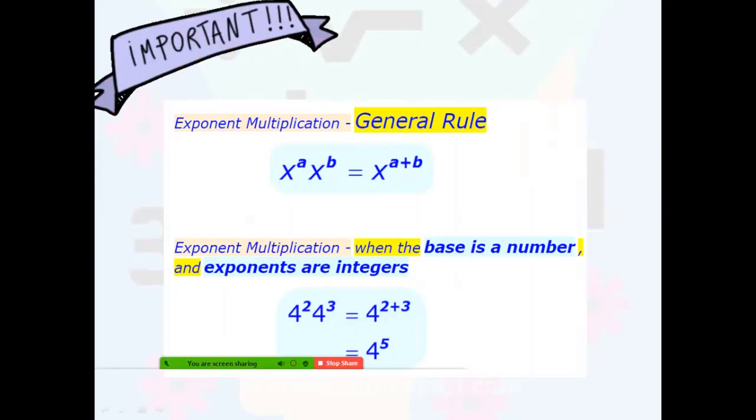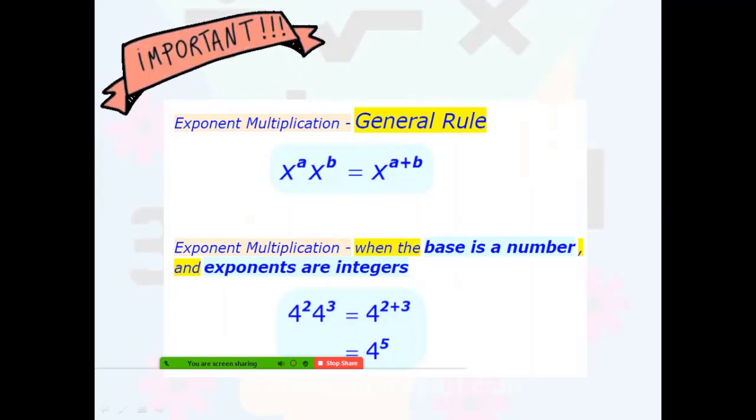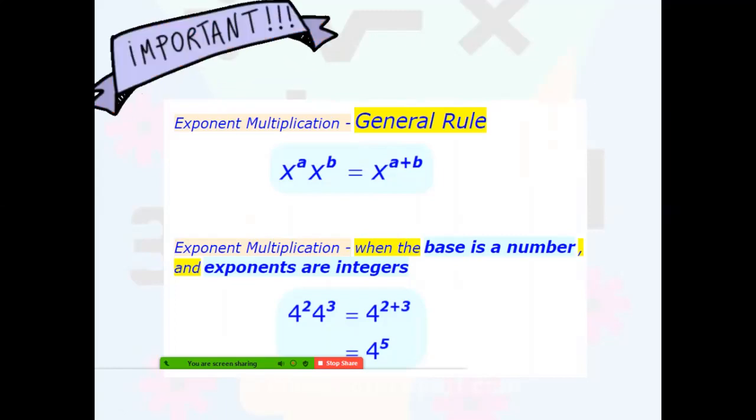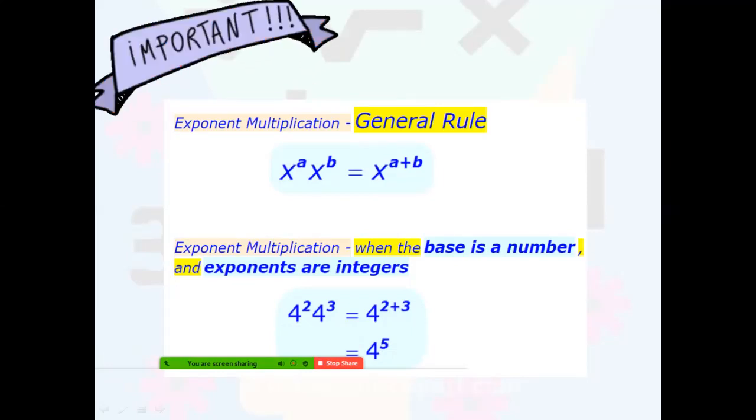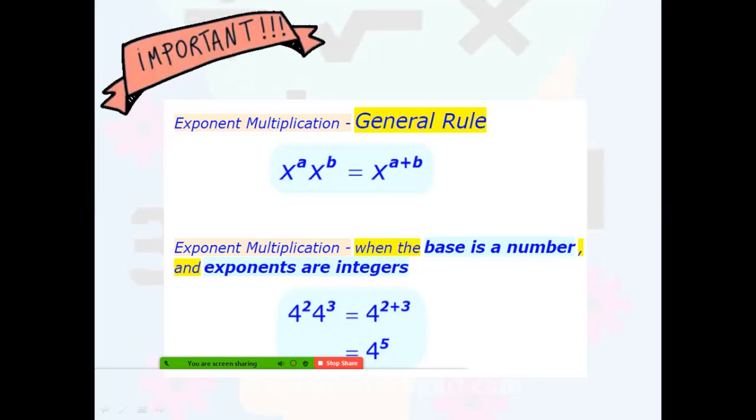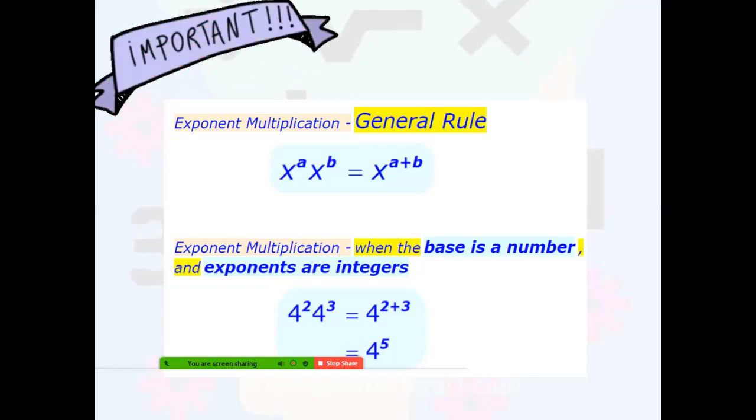For example, here both the bases are the same, x and x, so all you need to do is add the exponents. In numerical form, you will find something like this. This means 4 squared multiplied by 4 cubed, right? Now the base is the same, just add the exponents. That's what the rule means. So this is rule number 1. If the base is the same and you're multiplying, just add the exponents.